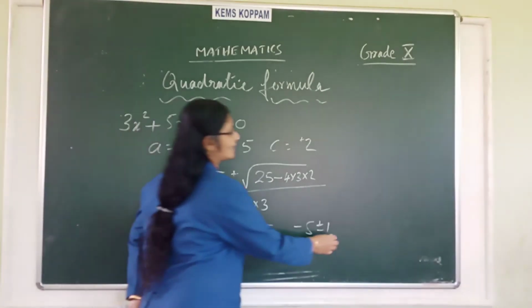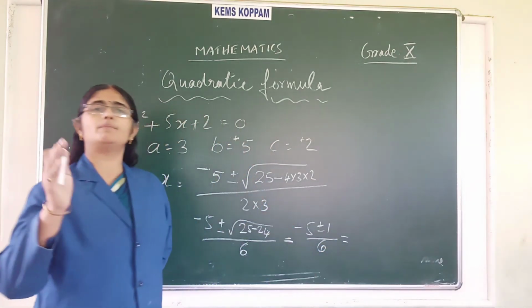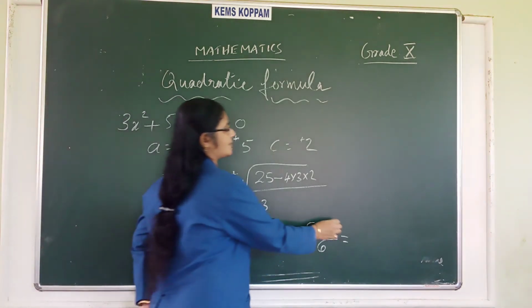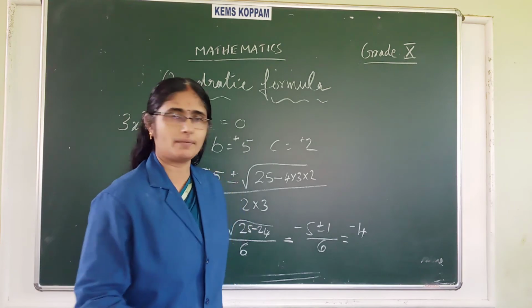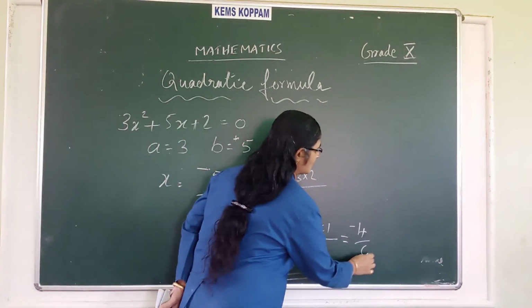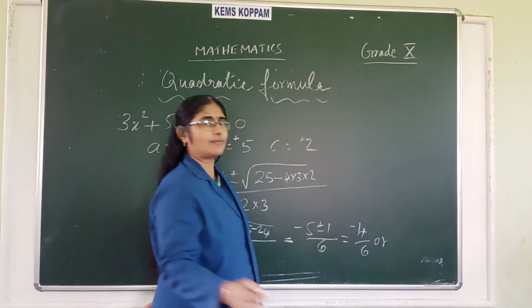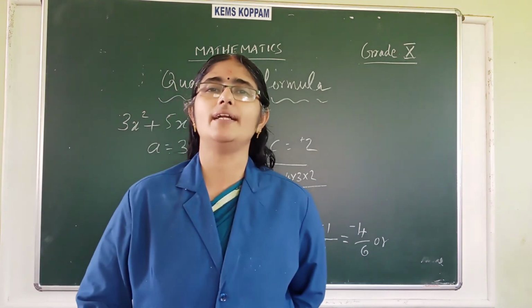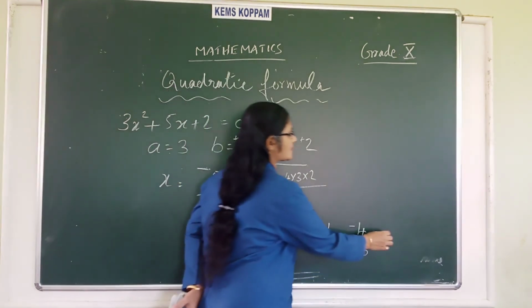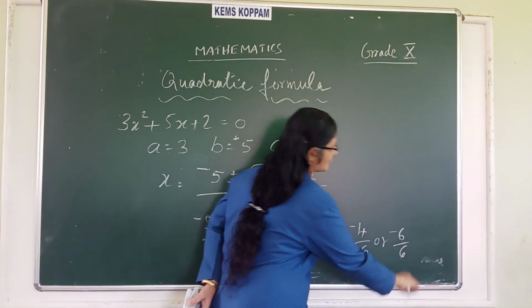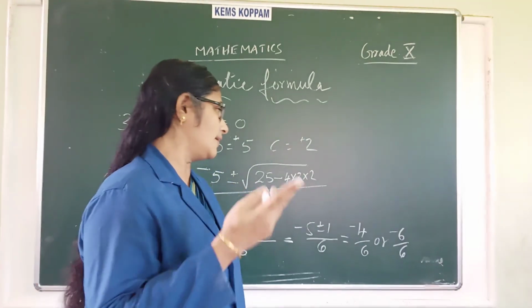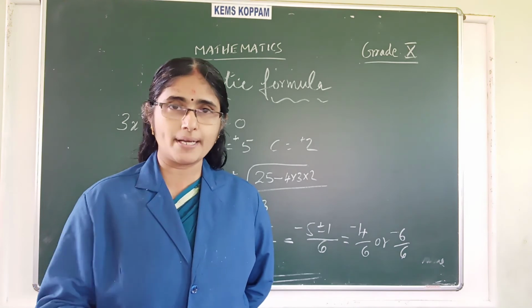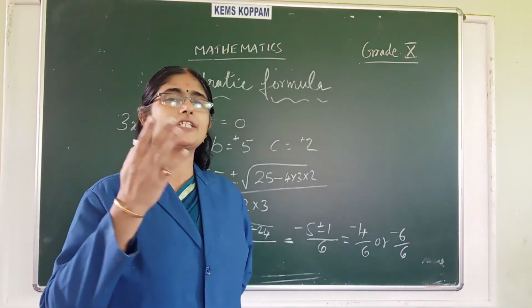So we get two answers: 5 plus 1, that is 6 divided by 6, or 5 minus 1, that is 4 divided by 6.